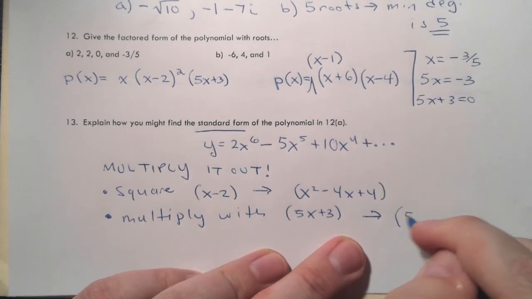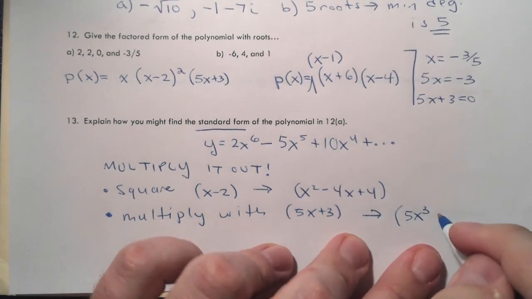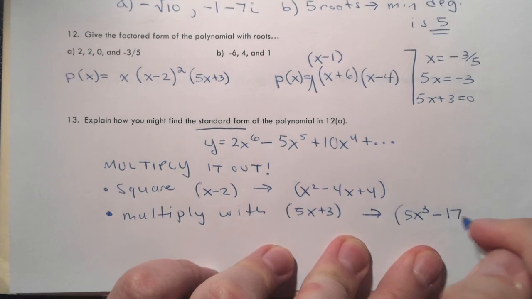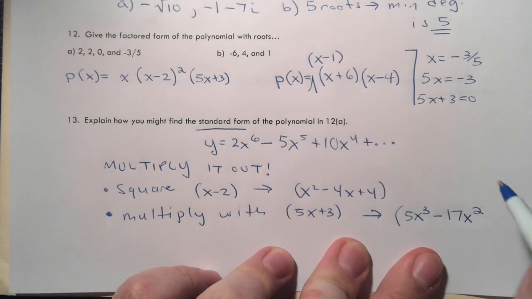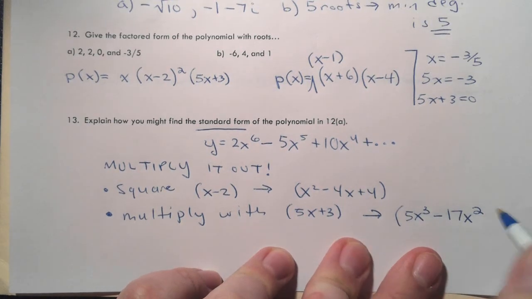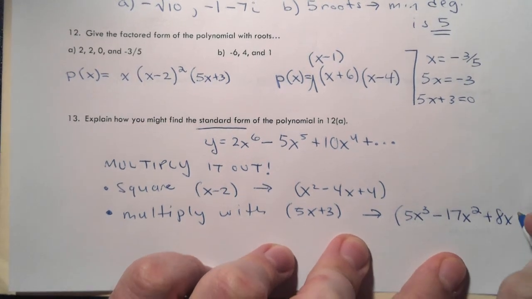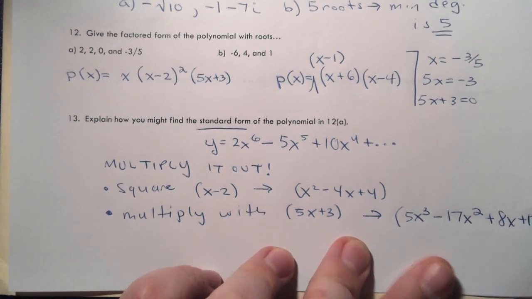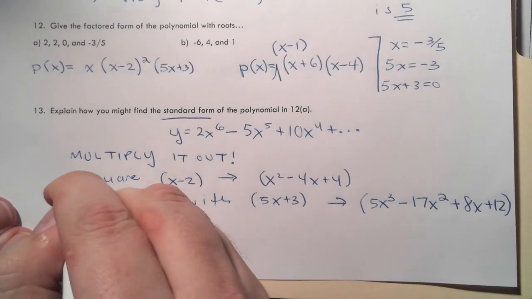Just to show off a little bit, I will get 5x cubed minus 17x squared, let's see, plus 8x plus 12. And if I made a mistake, sorry, oh well.